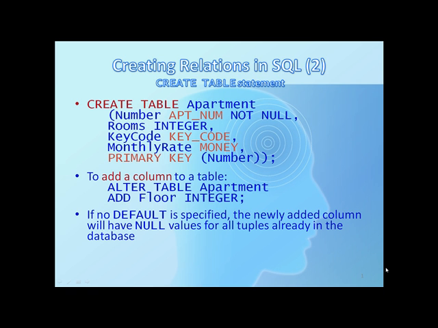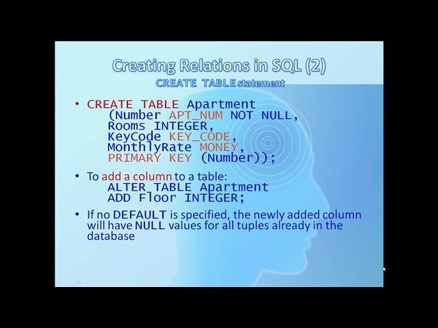Creating relations in SQL. Create table statement. Create table apartment with the next fields: number, which is upNum, not null. If you remember, upNum is the name of the domain from the previous slide.